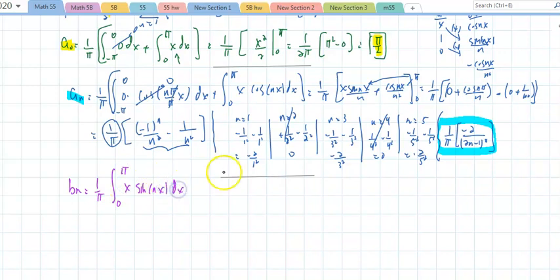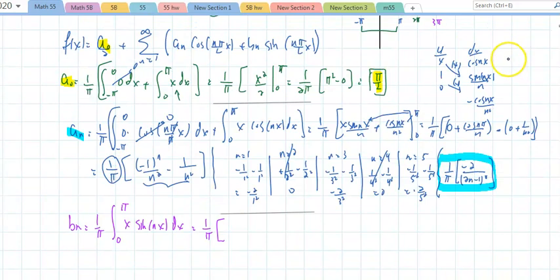That's going to be 1 over pi times, and if I come up here and make dv as sine of nx, this is going to be negative the cosine of nx over n, and negative the sine of nx over n. And now if I multiply x times, that's going to be negative x the cosine of nx over n.